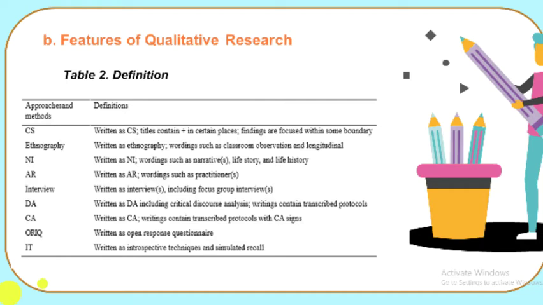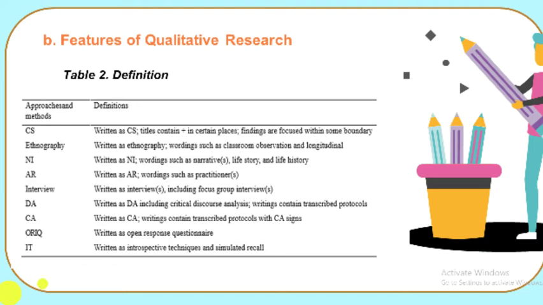Table 2 explains the definition and methods in qualitative research, like some approaches, for example, case study, ethnography, action research, observation, interview, open response items in questionnaires or ORIC, introspective techniques, discourse analysis, conversation analysis, and for the other definitions you can see the picture.